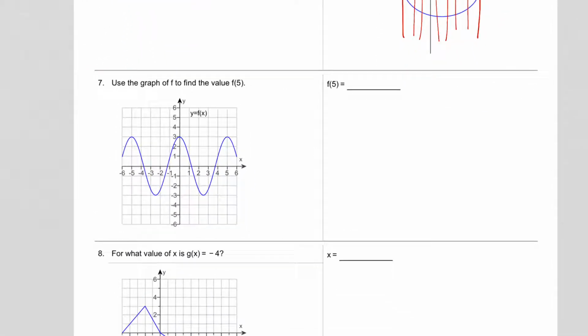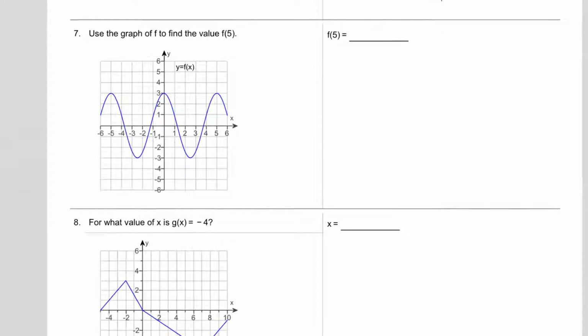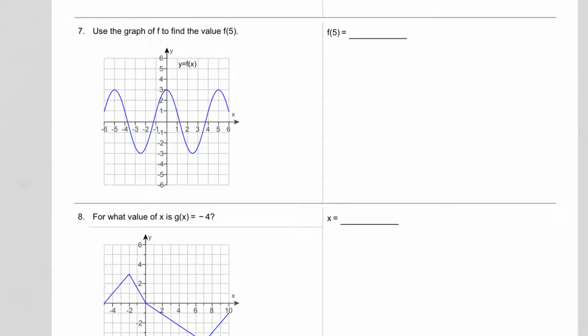Okay, so let's take a look at number 7. Use the graph of f to find the value of f of 5. So remember, this is the x value or the input. So that's what we're going to go look for. So we can find the y value. So remember, the x value is the location, and the y value is the amount or the value, how high or low it goes.